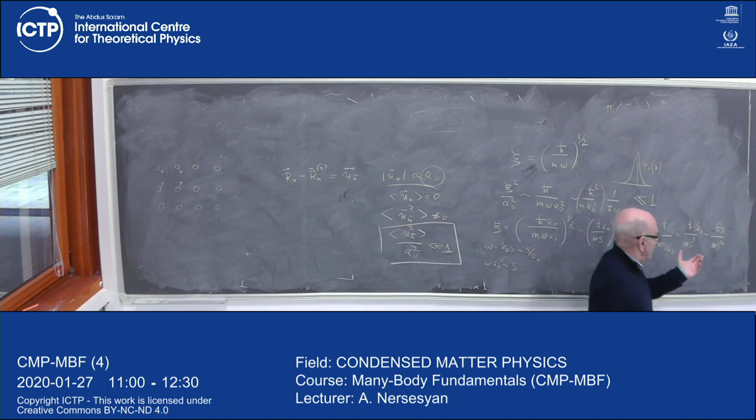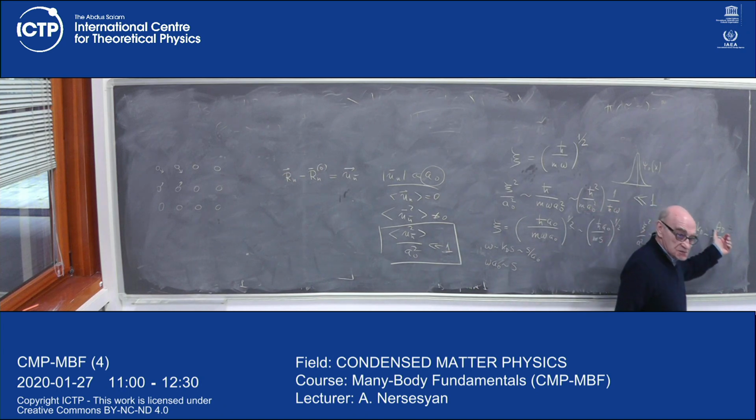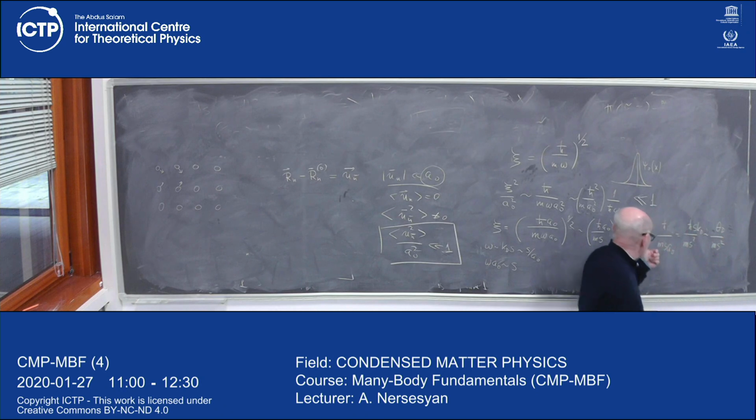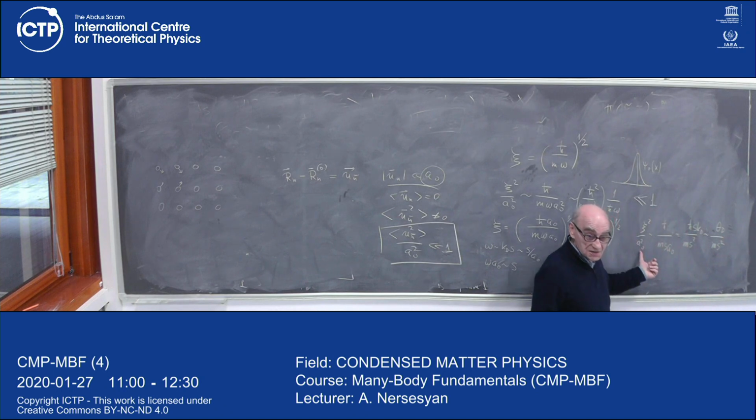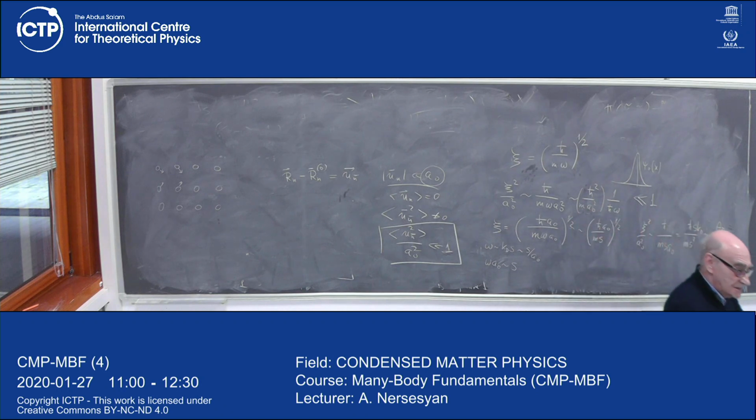So as long as quantum effects are small, as long as theta Debye is small, then the ratio psi squared divided by A naught square is small, and therefore you expect that the radius of the zero-point motion is much smaller than the interatomic distance.